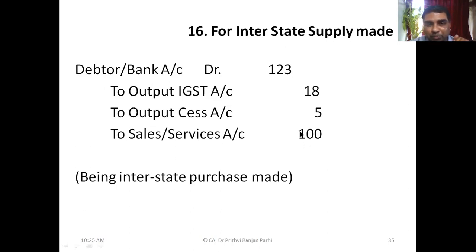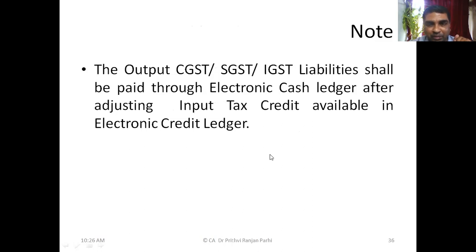So this much money is paid by the customer, and in addition to that, 18 rupees is collected from the customer as IGST, and 5 rupees as sales. This is in fact interstate supply made, not interstate purchase. We should treat it as interstate supply made, the outward supply.